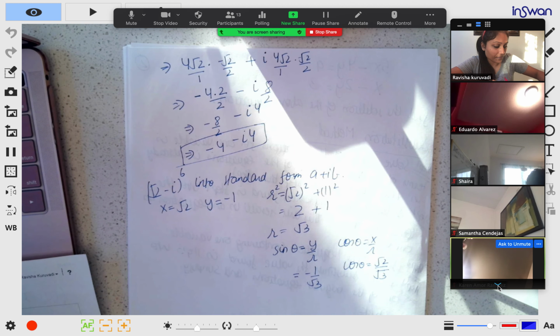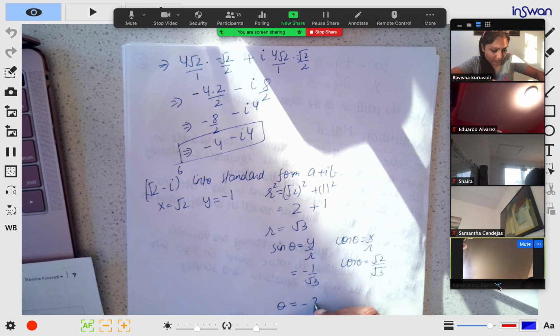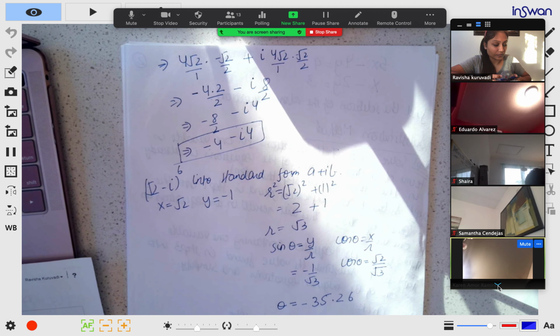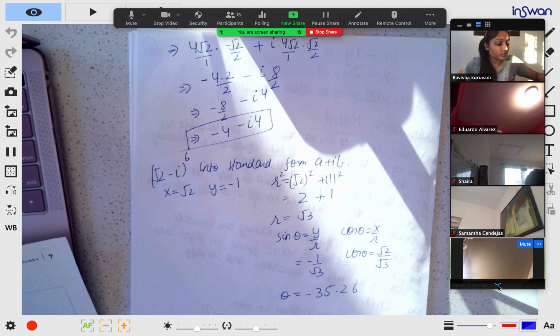So what is theta? Negative 35.26. Okay. So when you put in the angle, what do you get? r is root 3.